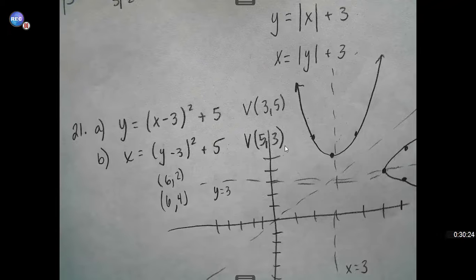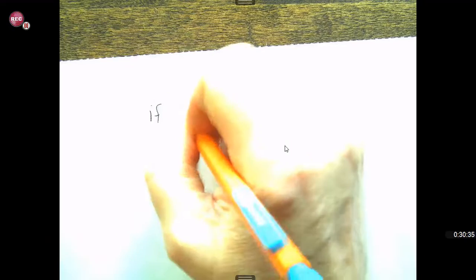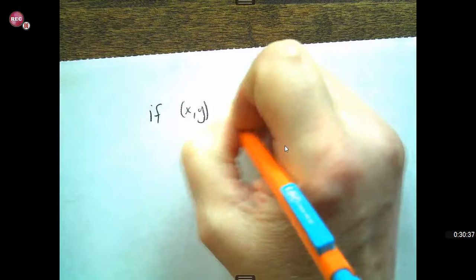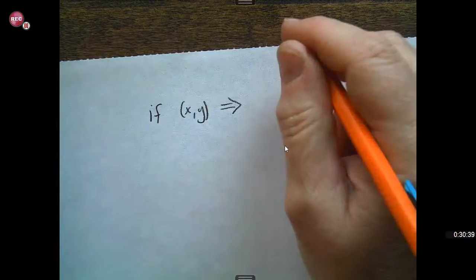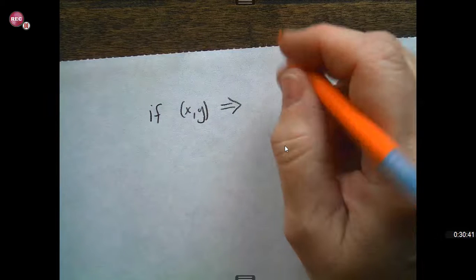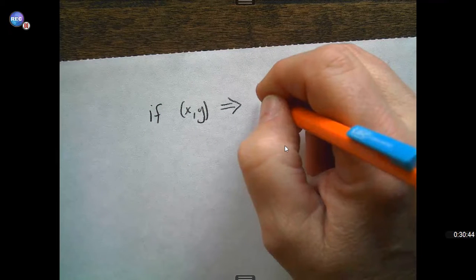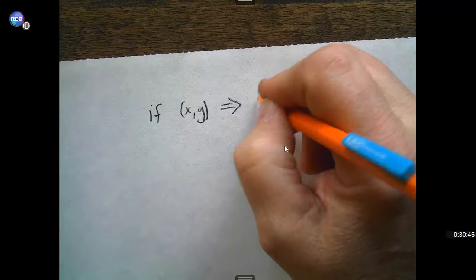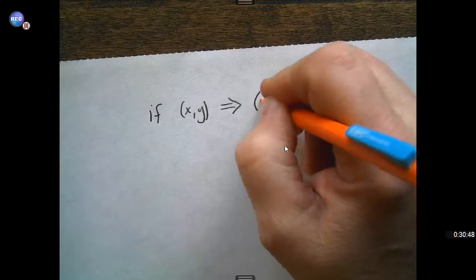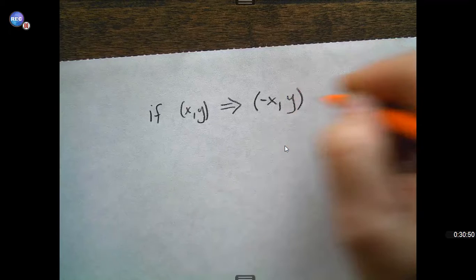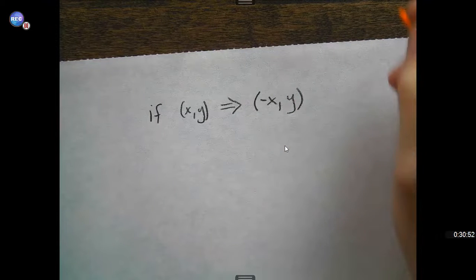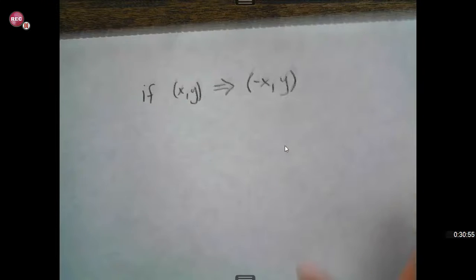So then the last thing is, what defines an even function versus an odd function. If (x, y) gets mapped into (negative x, y), then we have an even function. And what does this mean?